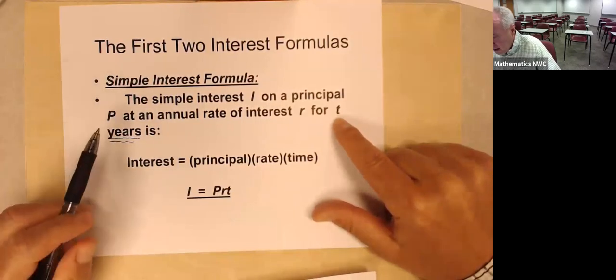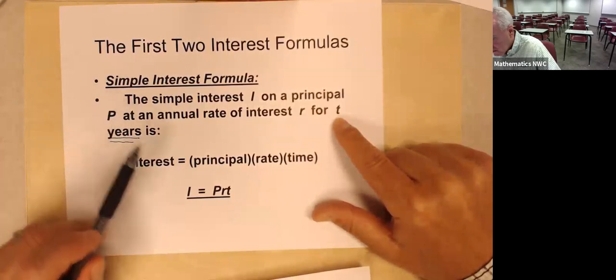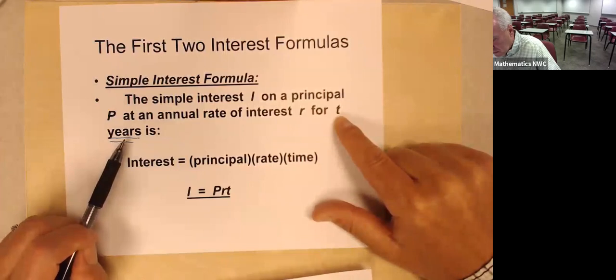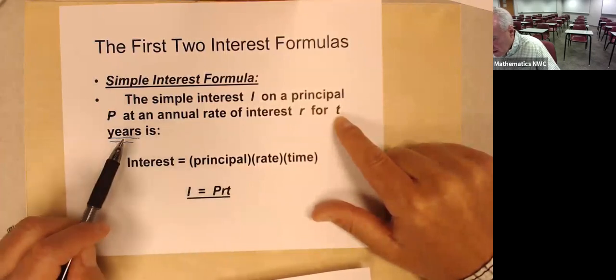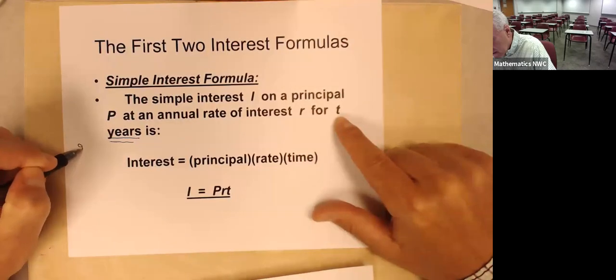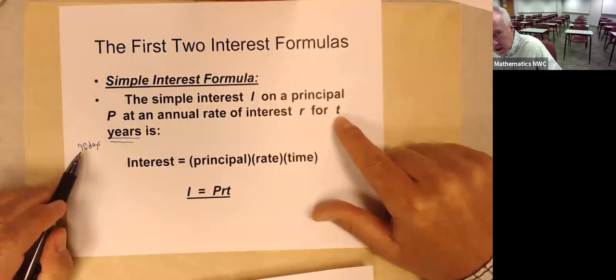So if I am calculating simple interest for 5 years, T would be 5. If I'm calculating a simple interest for 1 year, T would be 1. If I'm calculating T for a number of days, let's say 90 days, that is a fractional part of a year.